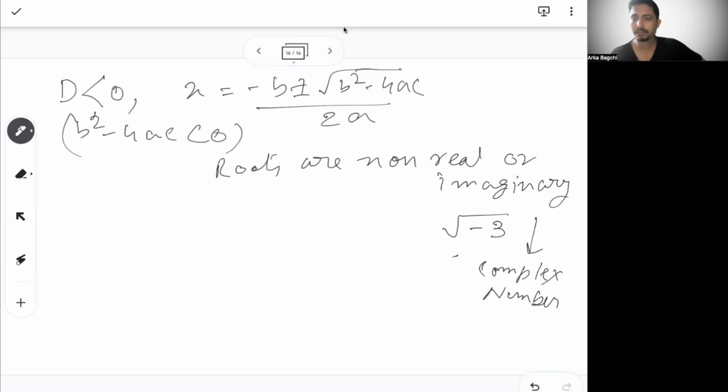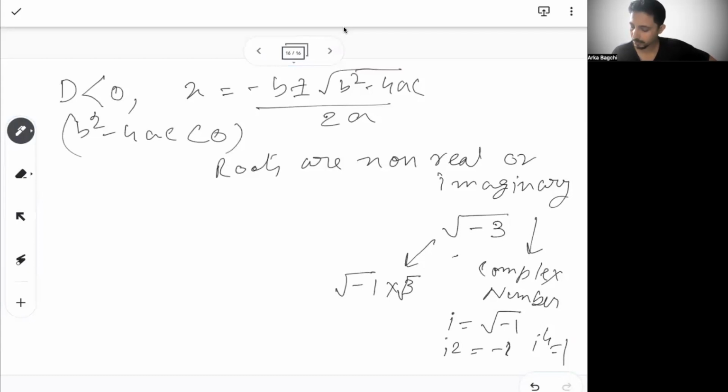A complex number is represented typically with i, where i is root of minus 1, and we say i square is minus 1, and i to the power 4 is 1. So root of minus 3 we can write as root of minus 1 into 3, which is root 3 times i, or root 3i.